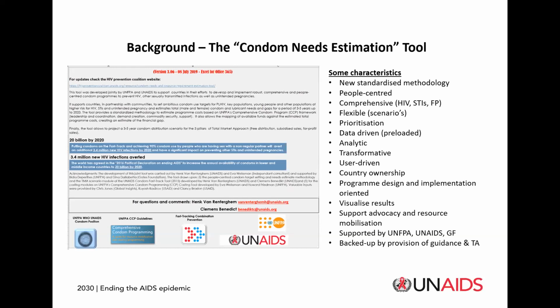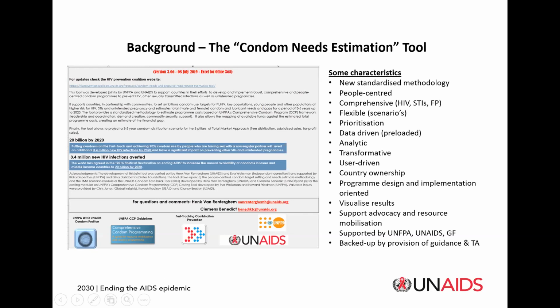What I think is the big difference with this tool is this very strong focus on its people-centeredness. It starts from the needs of the specific priority population groups, and that really shapes and drives the whole tool, and all the implications it has, how it functions and the results it presents, are around the fact that we start from the specific needs for condoms of the specific subpopulations.